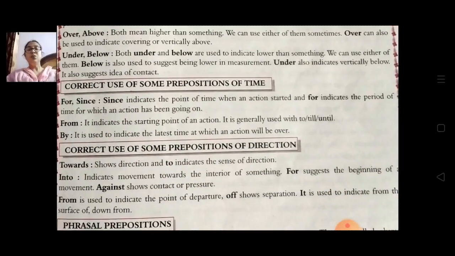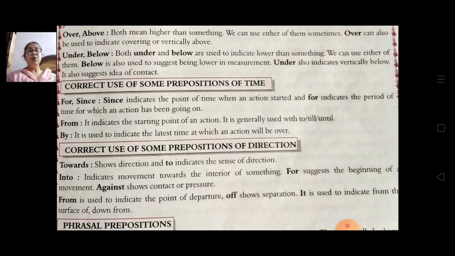Now correct use of some prepositions of time: since or for, that we have already discussed; from and by. From indicates the starting point of an action. It is generally used with to, till and until. By is used to indicate the latest time at which an action will be done.